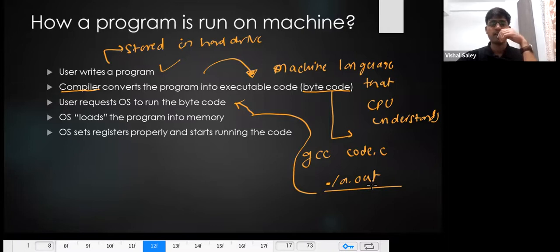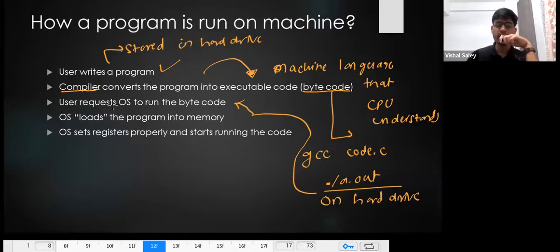Great. Then the operating system loads this program into memory. We'll get into that in a little more detail in the next slides. Currently this executable is on the hard drive. When you request the operating system to run the bytecode, it starts loading it into memory.